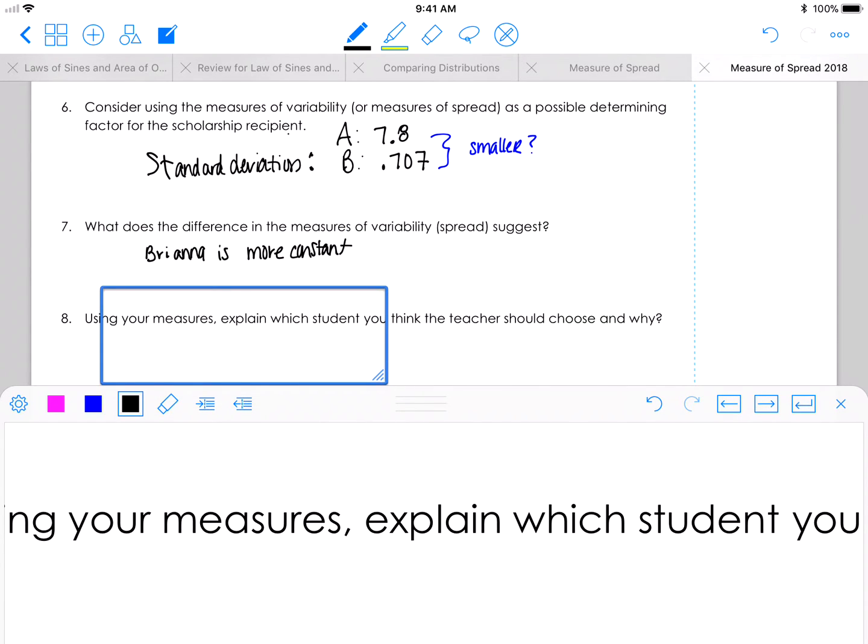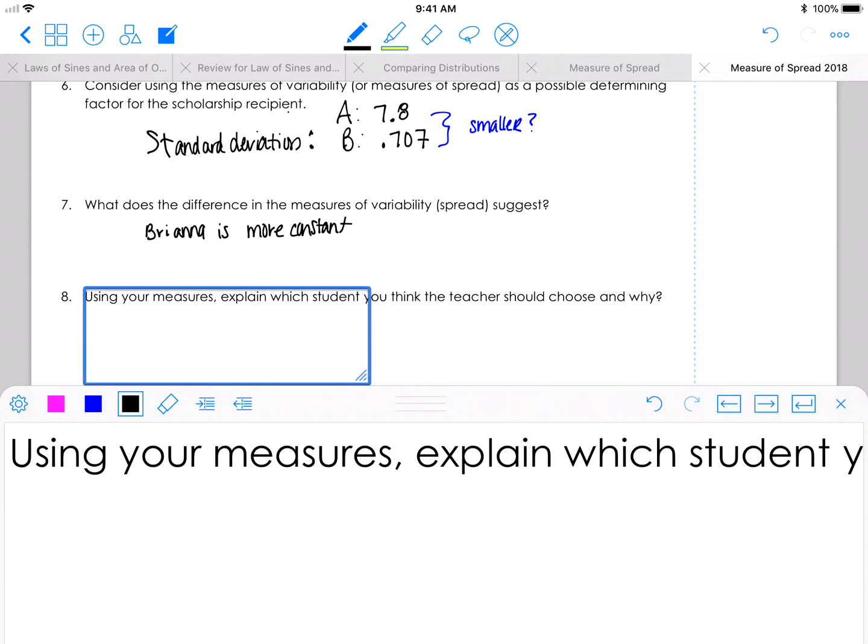Now, it says, explain which student you think the teacher would choose and why. Well, we kind of just talked about this. We would choose Brianna.